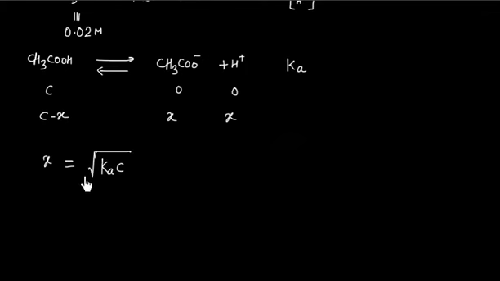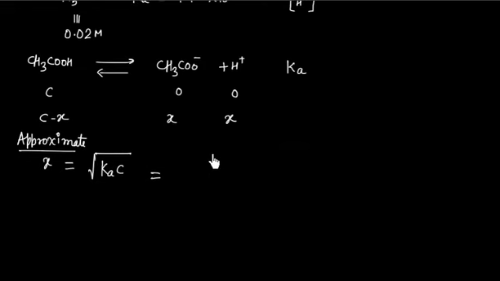So this is your approximate solution. That is, Ka is 1.76 into 10 to the power minus 5 and C is 0.02. So we can calculate this value. Use calculator.